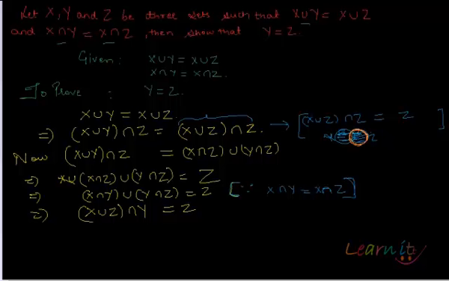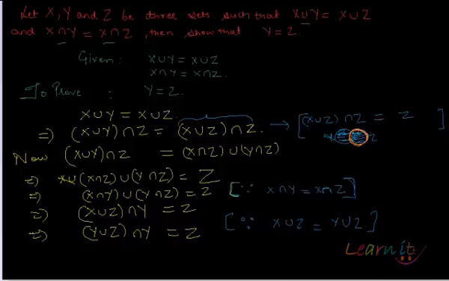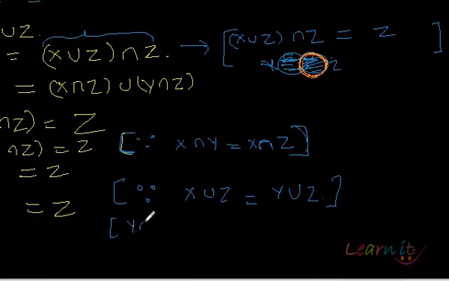Now this is equivalent to this. Now because again X union Z actually equals Y union Z, you can write this as (Y union Z) intersection Y. Now just similar to the reasoning before, Y union Z intersection Y will actually equal Y. Why?